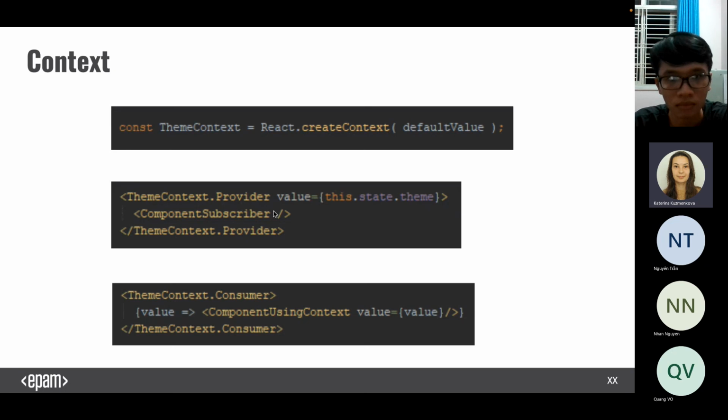In a theme context provider, we are using the provider to pass the current theme to the tree below, so any component can read it, no matter how deep it is. We are passing this state theme, which comes from our state.